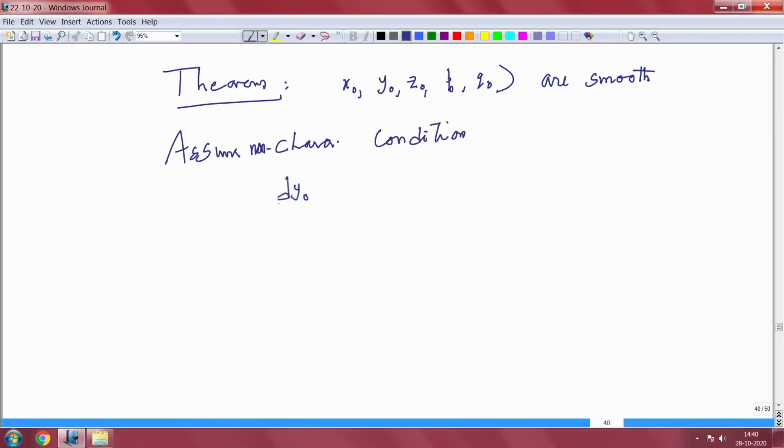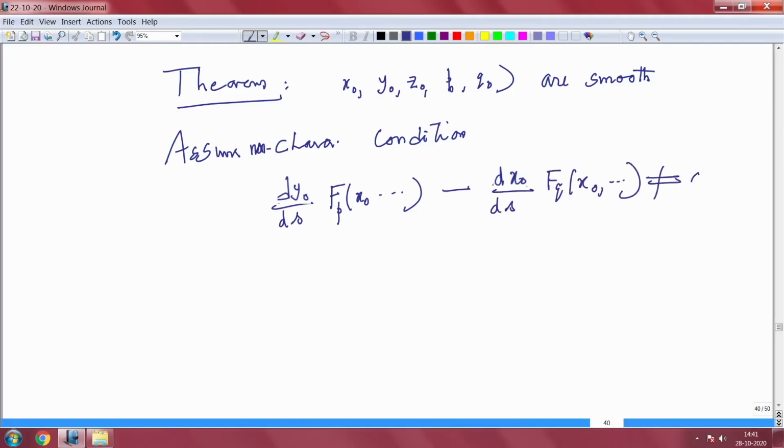dy naught/ds, instead of a as in the Cauchy linear case, you have F_p, evaluated at x naught, etc., minus dx naught/ds into F_q at x naught, etc. This should be non-zero.